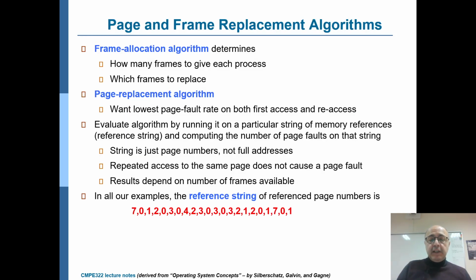For example, if you had only 3 frames in the memory, you would put 7 in frame 0, 0 in frame 1, 1 in frame 2. Then when you try to access 2, you have to pick one of these first 3, 7, 0, 1, and replace that one with 2.